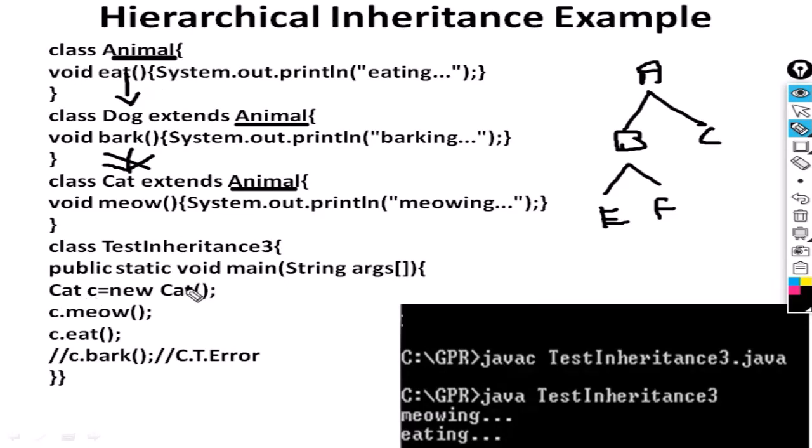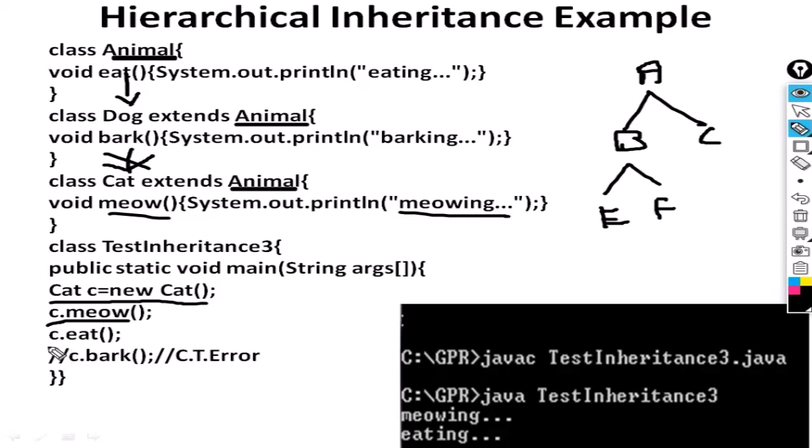So finally, this is the relationship which we have. Now we are going to create a cat. If you create an object for cat, it is going to get the properties of meow only. It is going to print meowing, System.out.println meowing.